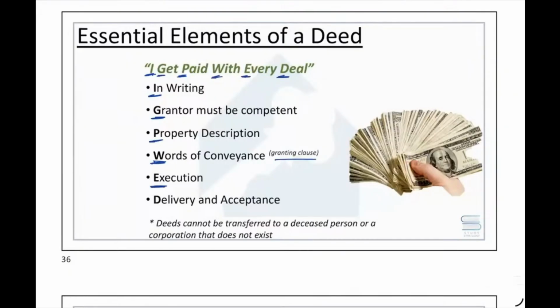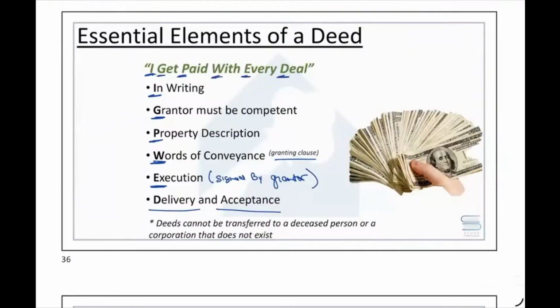It's got to be executed. It needs to be signed by the grantor, not the grantee. And it needs to be delivered to the grantee and accepted by the grantee. Right? I get paid with every deal. Those are the things that have to be in a deed.